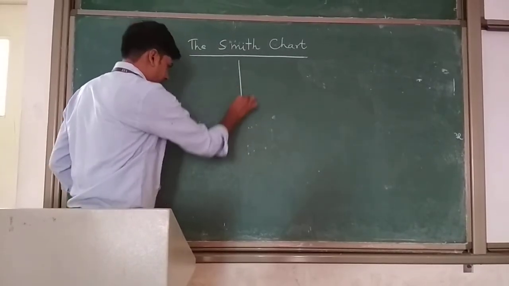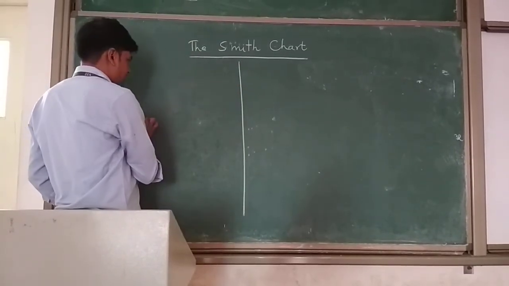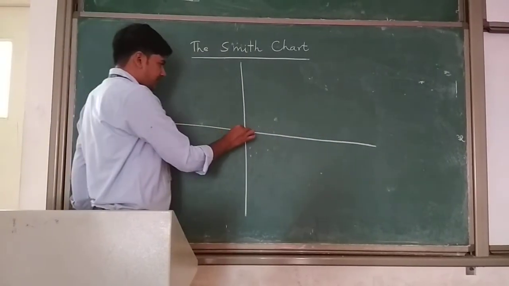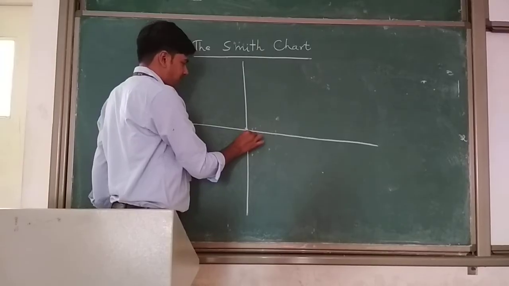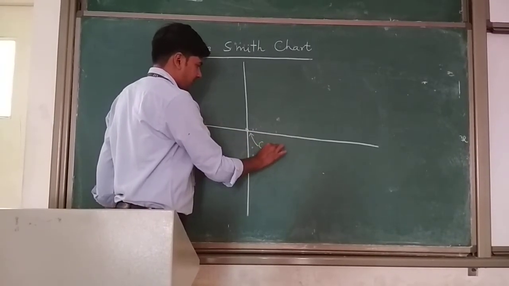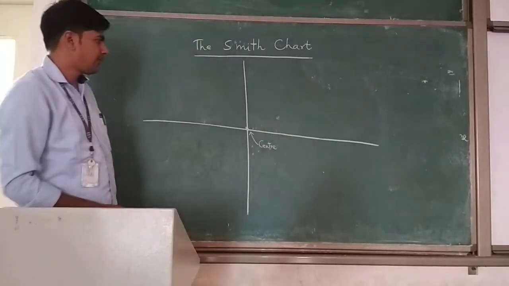So the gamma plane, the axis of the gamma plane is this, and this one is called the center of the Smith chart.